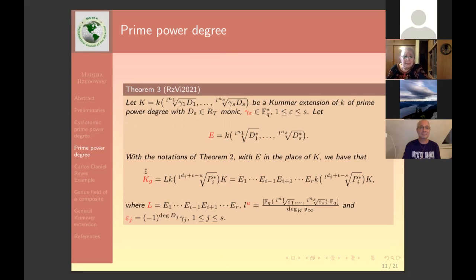And then in this case, the genus field is this composite, or this composite, which is the same, where we have all these E's, and then we have a U and epsilon J. These E_i or E_j correspond to E in the place of K. So in practice, it could get very complicated, but still explicit.